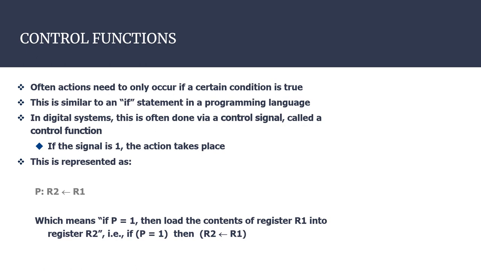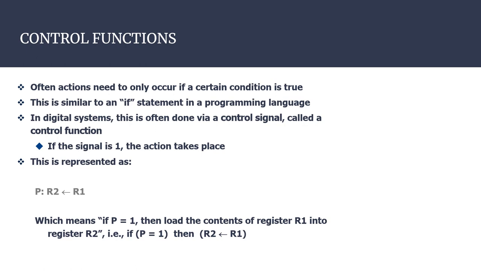Such a function is called a control function, and it is written in this manner: P colon and the transfer operation. So P here is the control function. It indicates that if P is 1, then we will transfer the contents of R1 to R2.